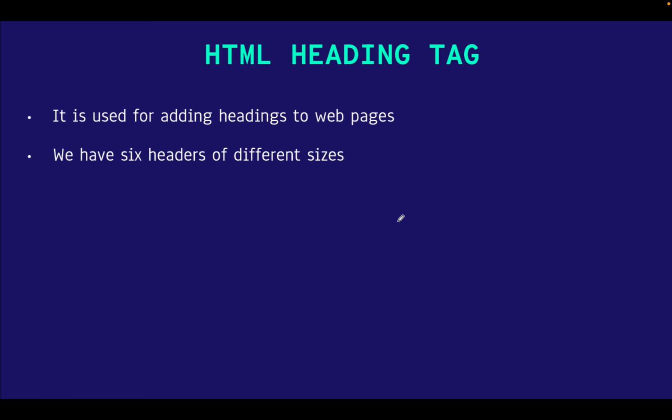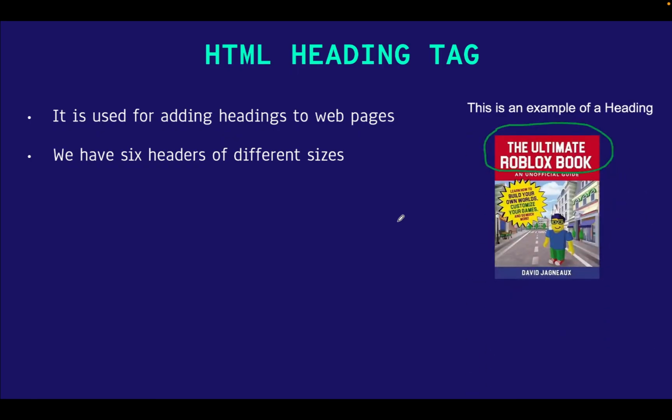HTML heading tags. So for me to explain what headings are, look at this Roblox book. You see, they put pictures, the name and all of that, but at the top they put a heading here. So a heading is like the title of the book, right?